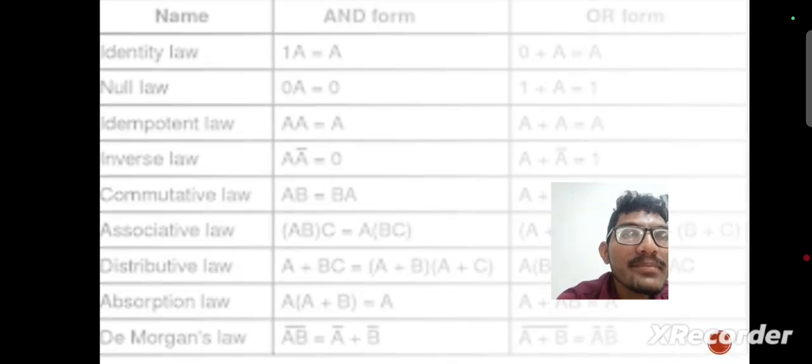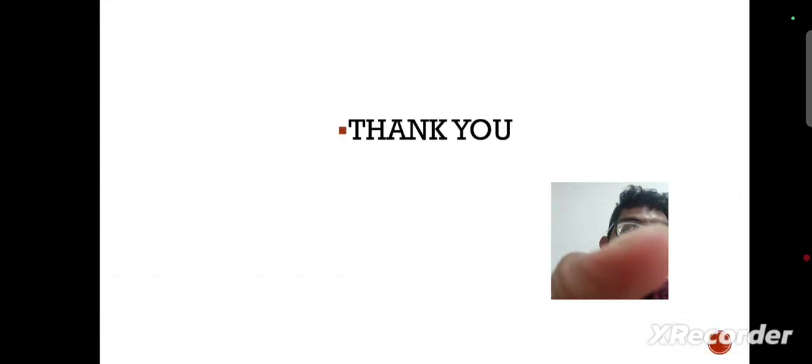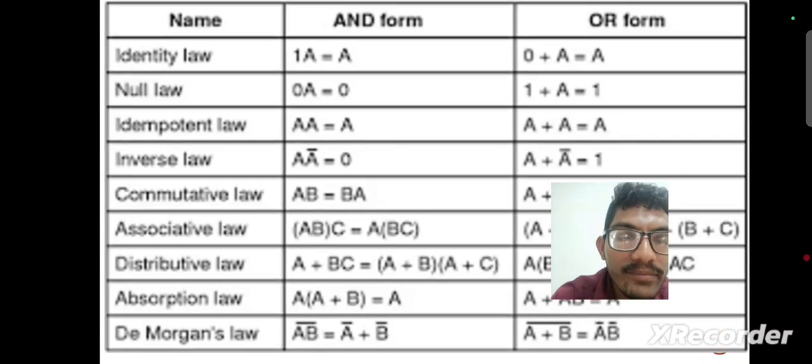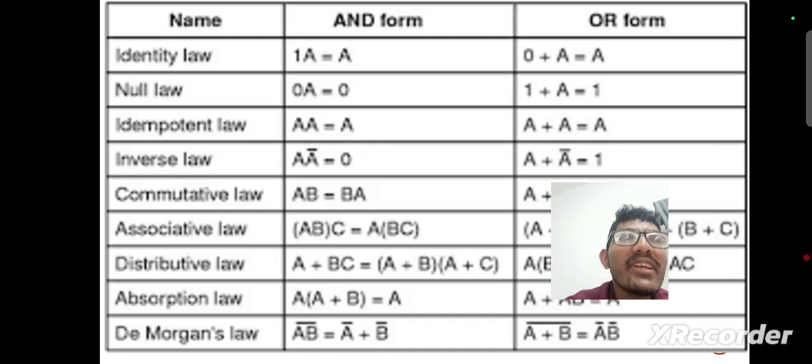Next, in OR form, we take 0 and add it to the input. 0 plus A equals A. Null law: when we multiply the input with 0, we will get 0 as output.